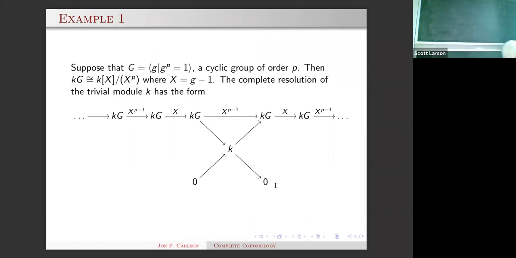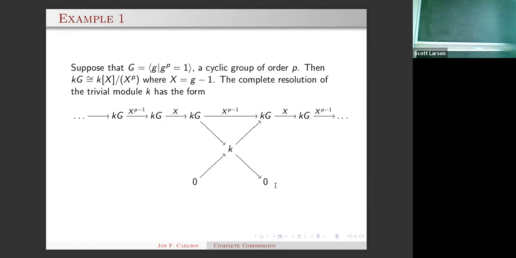So I'll give you two examples of this just quickly. First one is just a cyclic group of order p. All right, now, this cyclic group of order p is generated by a single element, call it little g, with g to the p equal to the identity. Now, if I do a little bit of a shift here, that is, change this around a little bit, let me let capital X equal g minus 1.